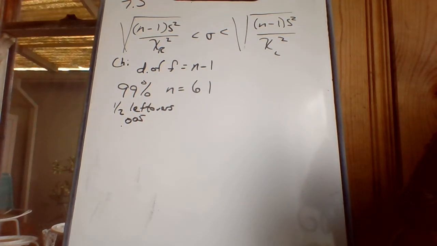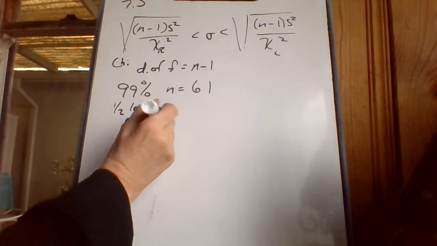If they'd meant n, they would have just typed n, because no one types out the words degrees of freedom if they could have gotten away with typing n. So n minus 1 here is 60. I go down to 60, and I look in that very first column and that very last column, and I write those down: 35.534.